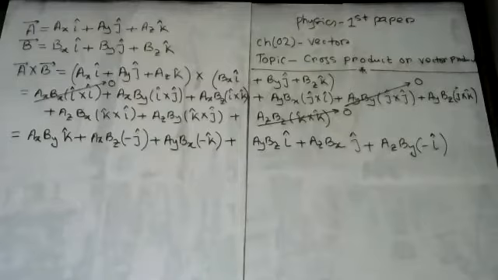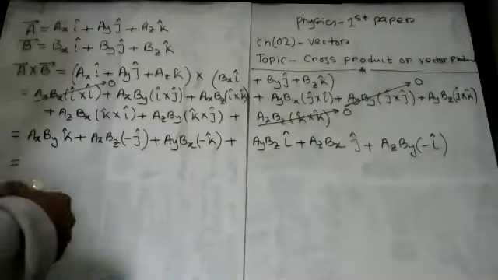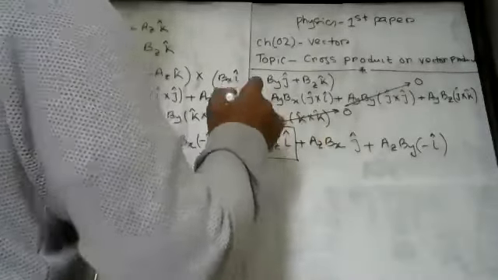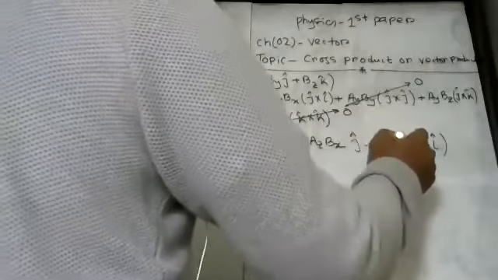You see that there are two terms having i hat, another two terms having j hat, and the last two terms having k hat. So I'm just taking common i hat, then j hat, and then k hat. You see, my dear student, this term is bearing i hat, and this term also bearing i hat.